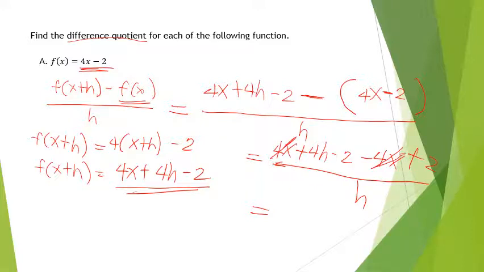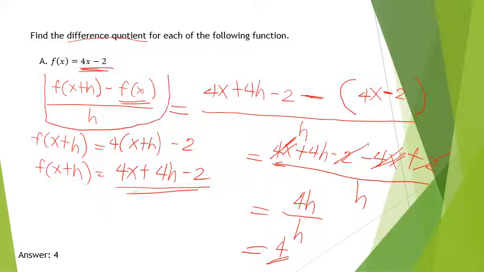Negative 2 plus 2, cancel na. Okay, ang tira na lang sa numerator ay 4h. Kopyahin yung nasa denominator over h. So, ang value ng difference quotient sa part na ito ay 4. Tingnan nga natin. Okay, 4. Tama. Yan lang. Basta ang tatandaan nyo lang pag nag-evaluate kayo ng difference quotient, tandaan nyo lang yung expression na ito. Yung f of x plus h minus f of x all over h.